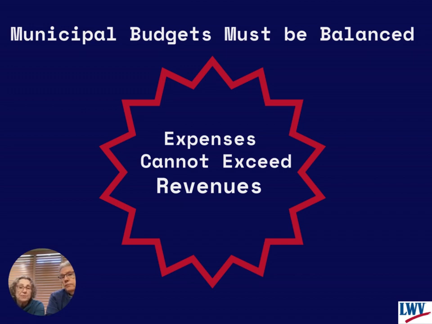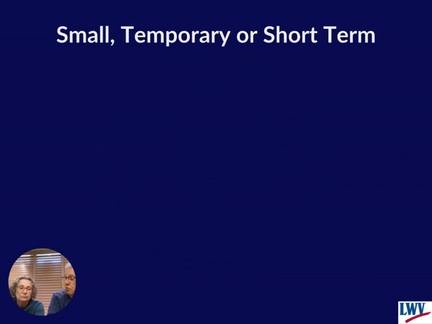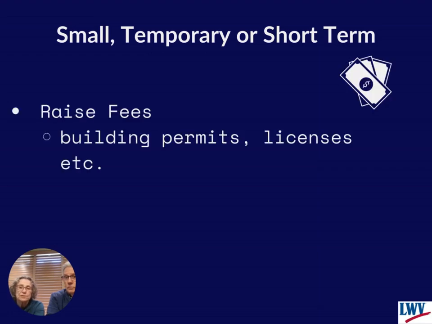Municipal budgets must be balanced. Expenses cannot exceed revenues. So, what does a town do when they're planning their budget and their projected expenses exceed their projected revenue? If the problem is temporary or fairly small, the town has a few options. So, they can raise fees for town services, but the fees that towns can raise are constrained by state laws.